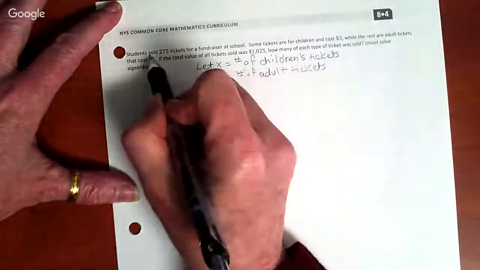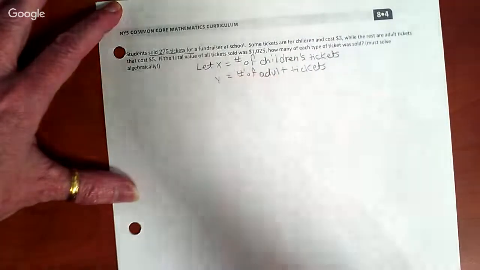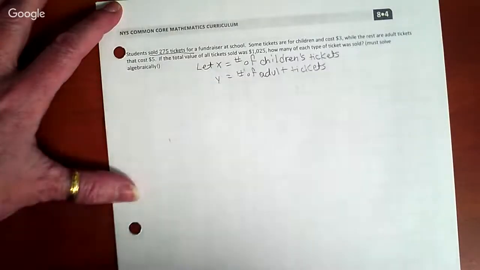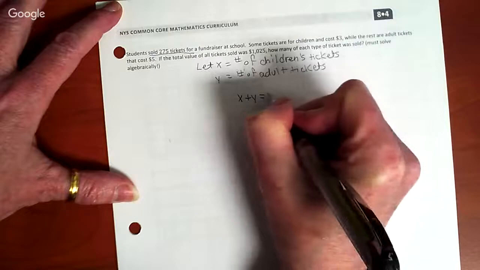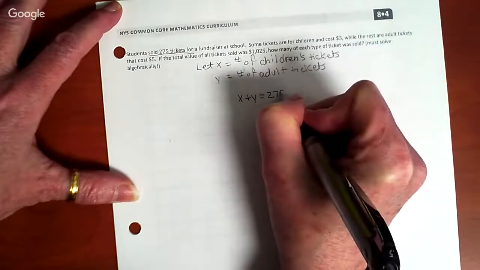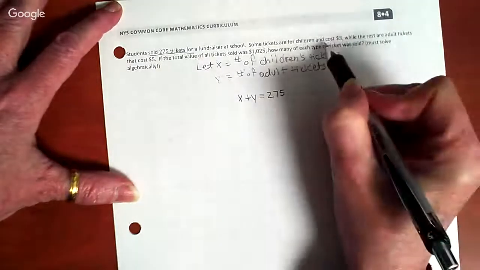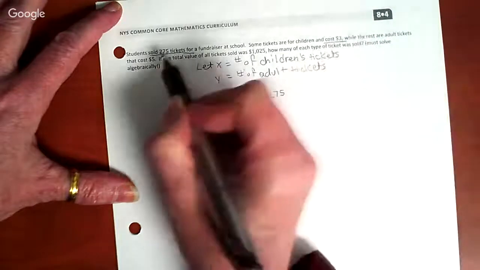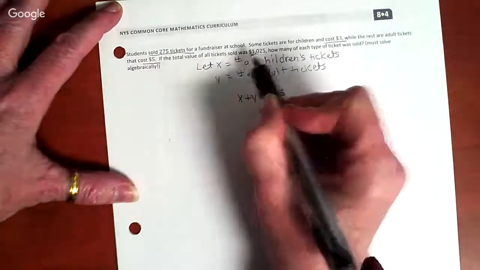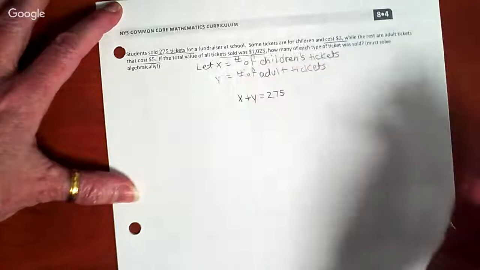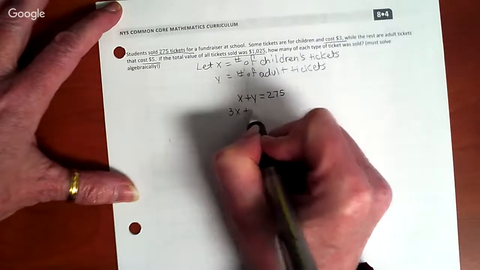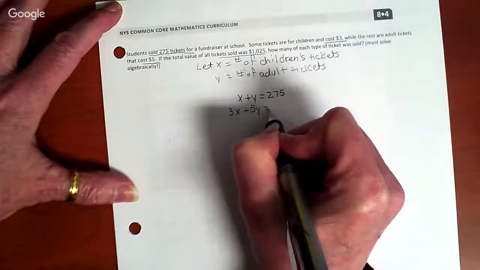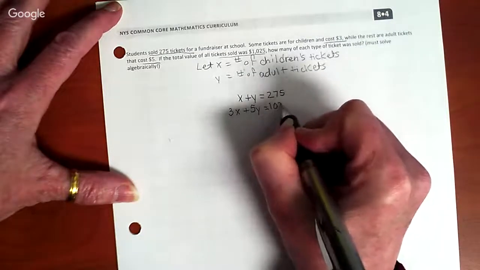And then we said, well, 275 tickets were sold. So we said let X plus Y equal the 275. And if the children's cost 3, while the adults cost 5, and all the tickets sold were 1,025, we said 3X plus 5Y equals 1,025.